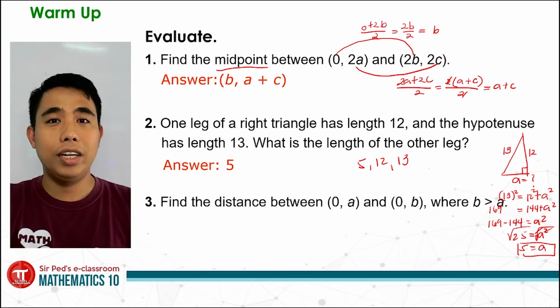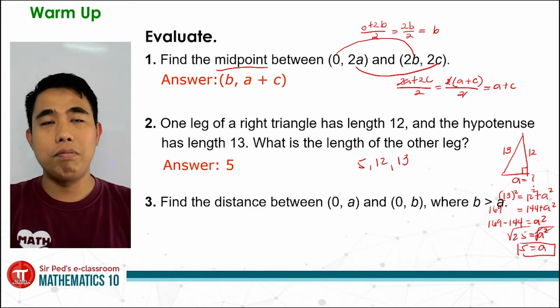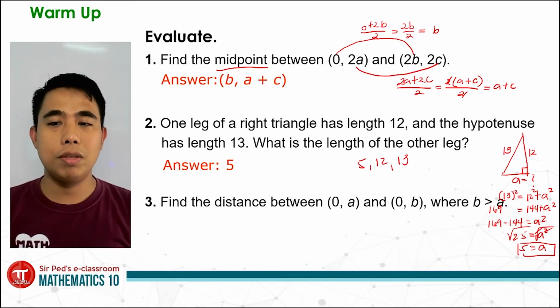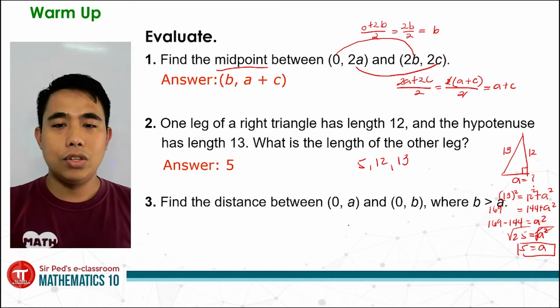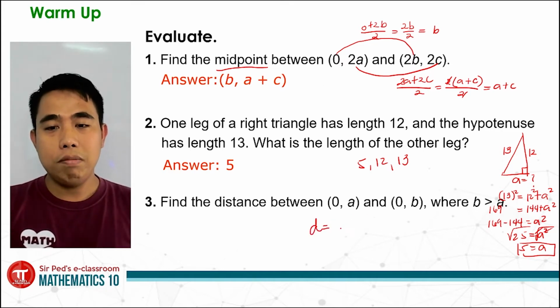Let's have another example. Find the distance between (0, a) and (0, b) provided that b is greater than a. So b is greater than a. Let d be the distance.